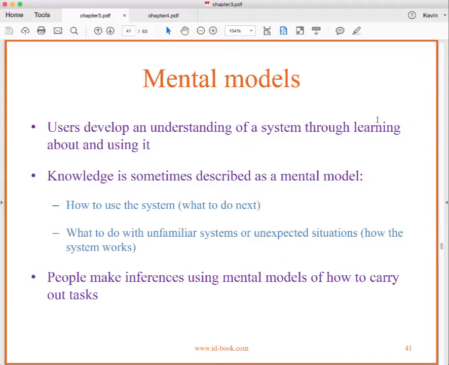We're going to talk a bit about mental models. Okay. Earlier, a couple of chapters ago, we were talking about the importance of our system having a conceptual model. And now we're going to talk about what the user has in their head as a mental model of the system, how it works.